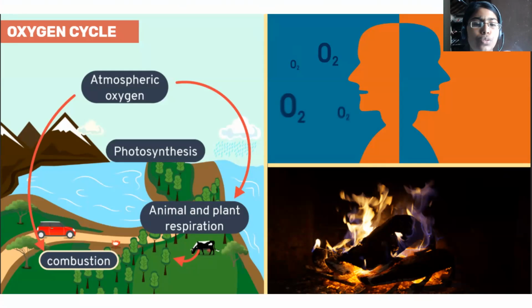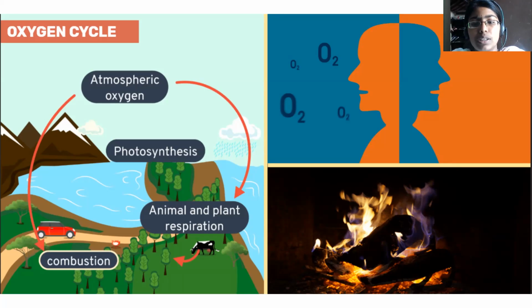By the process of photosynthesis, some of the oxygen will be emitted into the atmosphere. By animal and plant respiration also, the oxygen will be emitted. And when things burn, some oxygen will also be emitted. So this is how the oxygen is being produced.